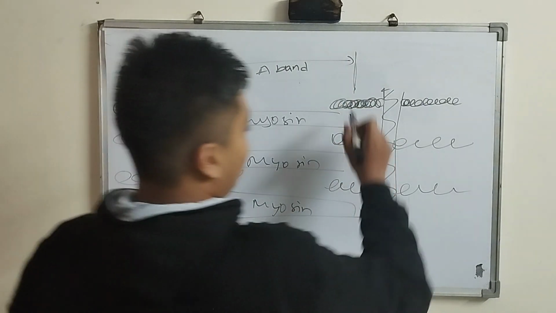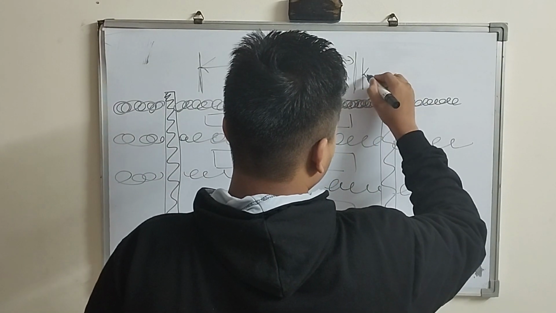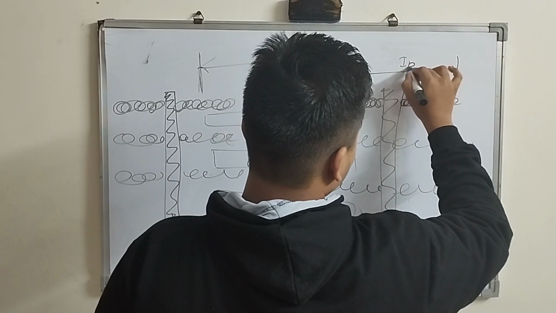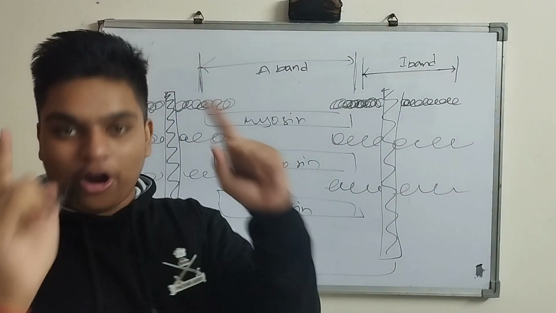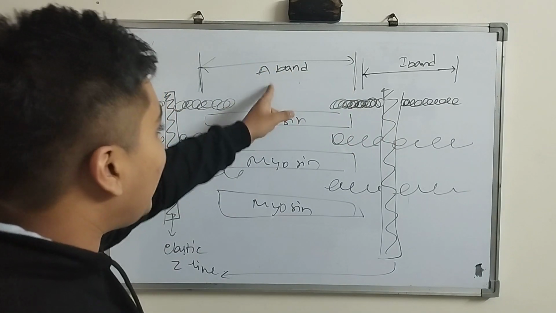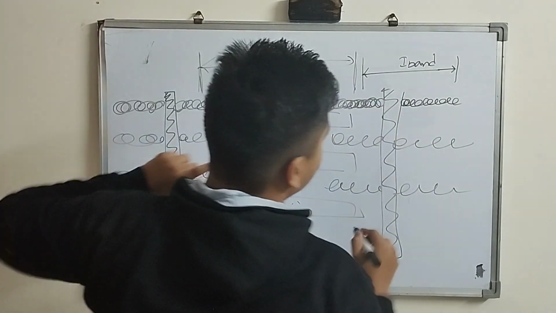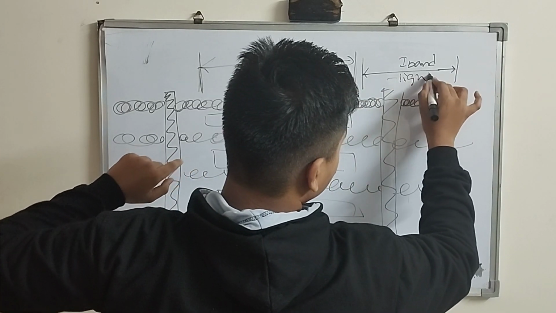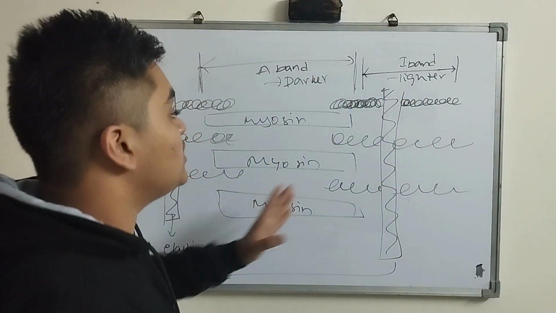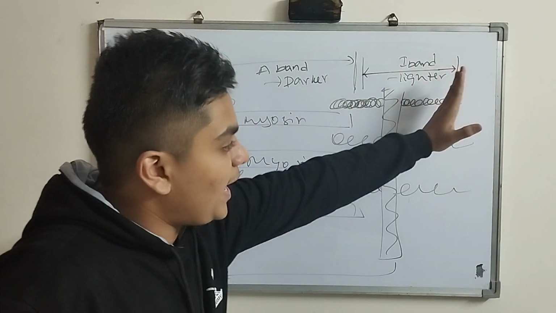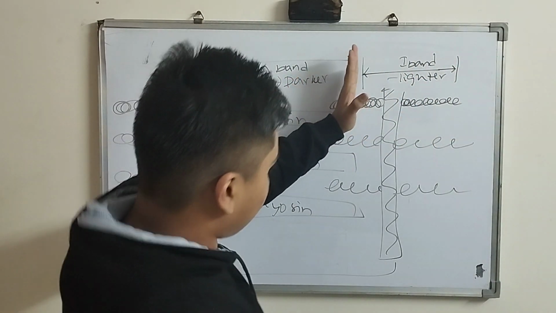Now, the I band only consists of the actin filaments. Got your answer? Why does the A band appear darker when compared to the I band, which is lighter? The I band contains only the actin filaments.